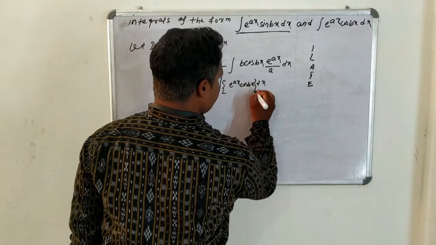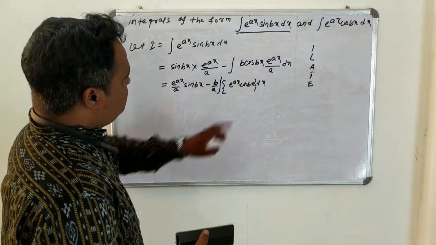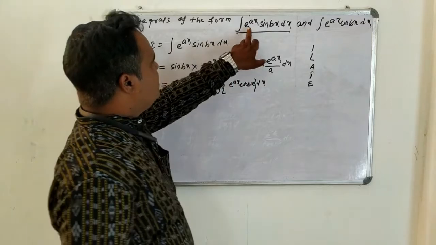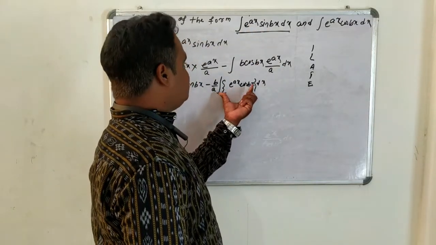Here, in this form, the previous given part was e to power ax sin px, so again integration by parts is used here.